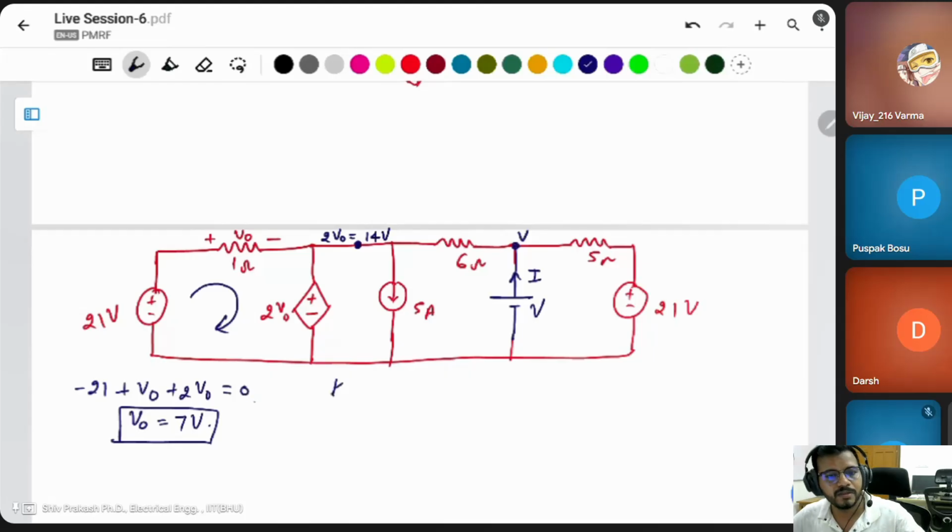Screen is visible for all. Okay, yeah, it's running.